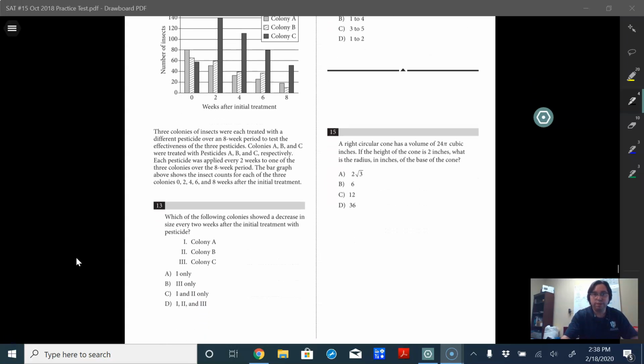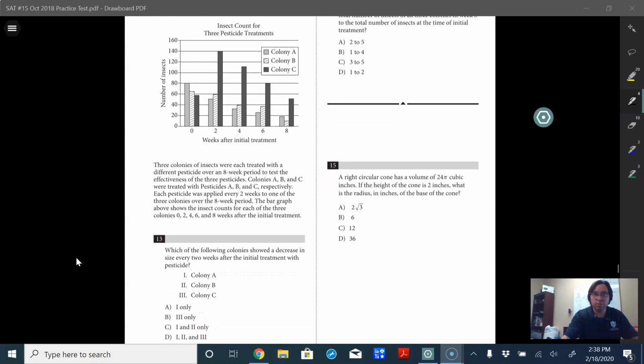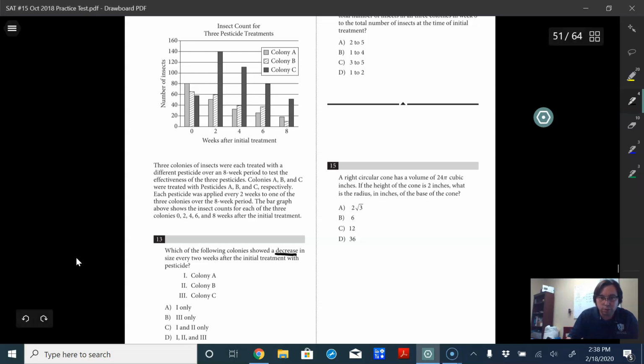Okay, so what we have on the next one here is number 13. You see we have a graphing interpretation question, looking at what's going on up here. It says, which of the following colonies showed a decrease in size every 2 weeks with initial treatment with pesticide? So let's take a look.